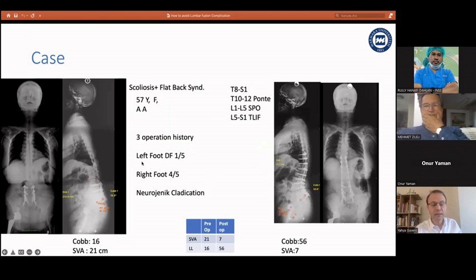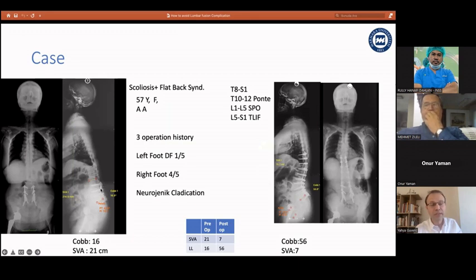Again, a patient who has a history of 3 operations at these levels, and again, there is not enough lordosis in the rods, and there are no interbody grafts in here.